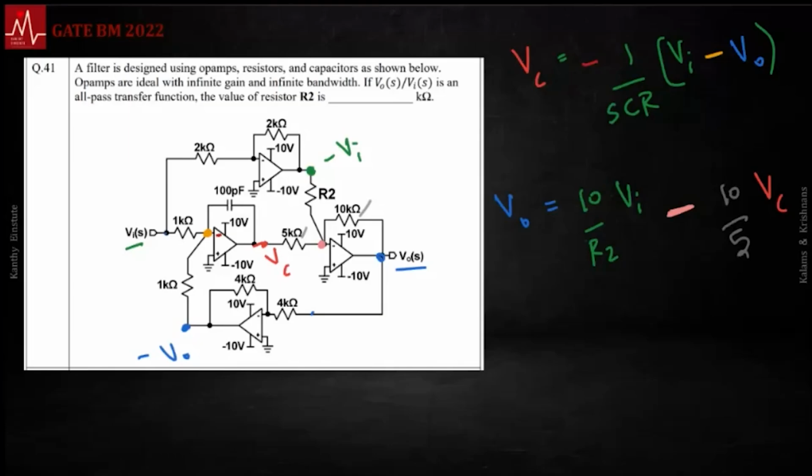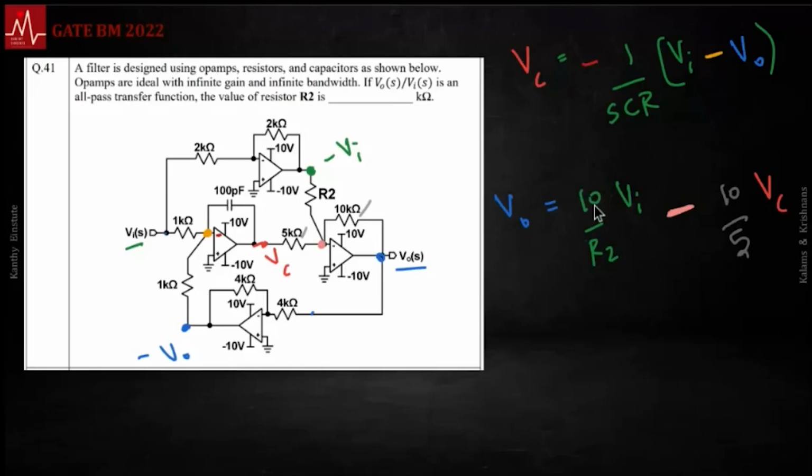Instead of one equation, you got two equations. If any of you are wondering what the summation is, you can think of superposition. Just have this voltage, what will happen?